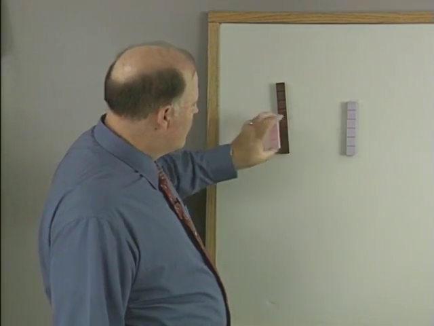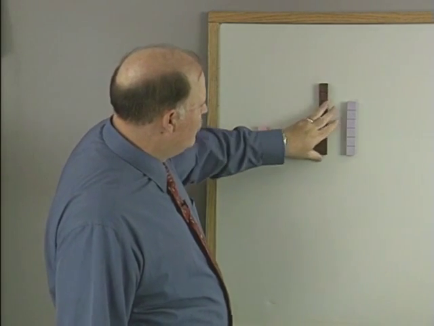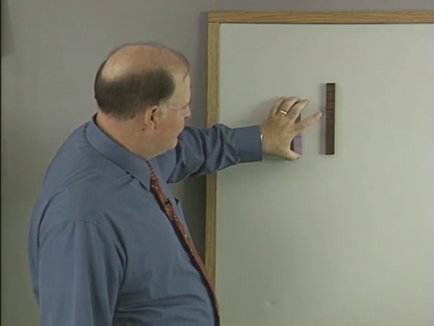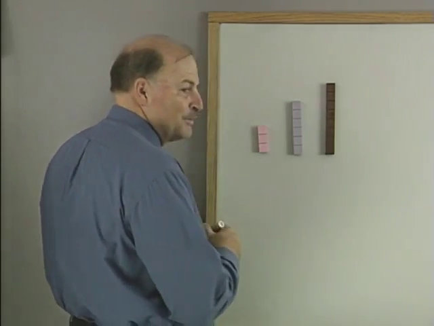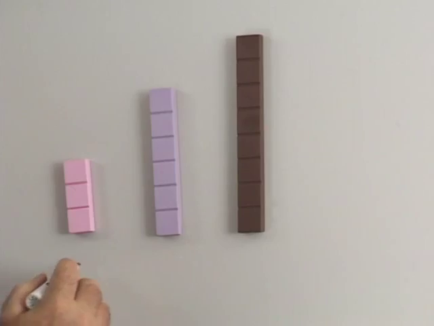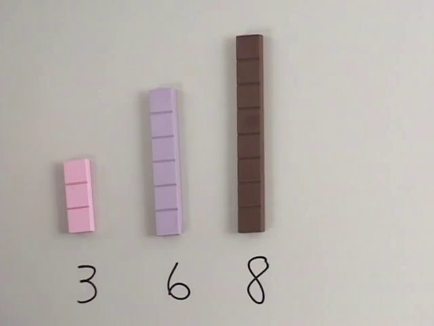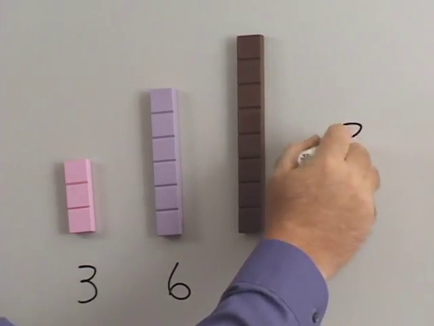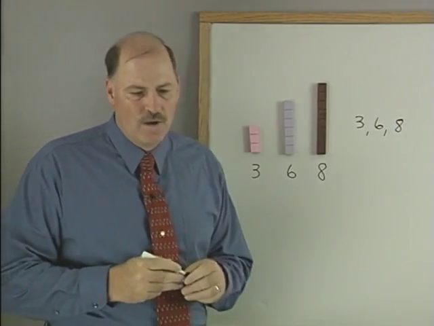The 3. Okay? And then which one goes next? The 6. So this is number 3, number 6, and number 8. And so what you'd say is 3, 6, and 8 are 3 numbers put in sequence.